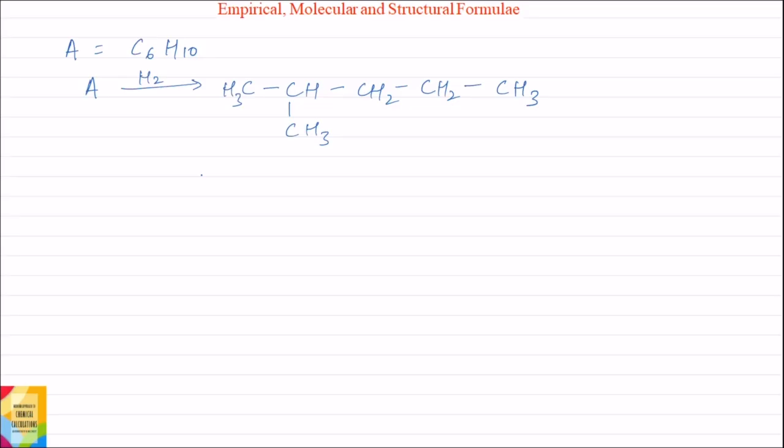So the structure of A will be CH3 CH CH3 C triple bond C CH3. This will be the position of the triple bond. It will not be present at the end of the chain. It will be present between these two carbons. So this is the structure of A.